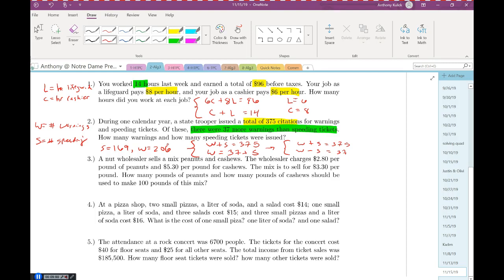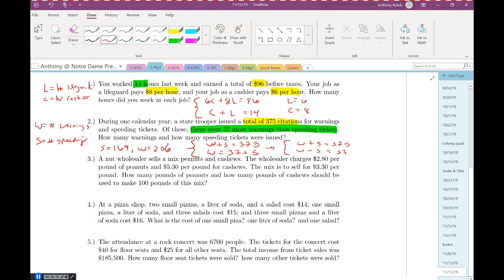Number 3 says, a nut wholesaler sells a mix of peanuts and cashews. The wholesaler charges $2.80 per pound of peanuts and $5.30 per pound of cashews. The mix is to sell for $3.30 per pound. How many pounds of peanuts and how many pounds of cashews should be used to make 100 pounds of this mix?